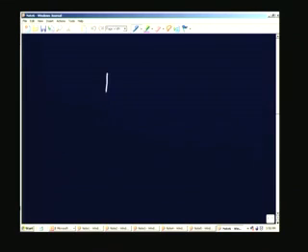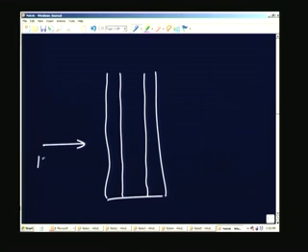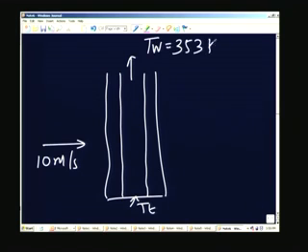So, I will just draw this is the well with its thickness shown here, fluid is flowing 10 meter per second, and this is the thermocouple attached here, T subscript T. On this side it is connected to the wall at T W equal to 353 Kelvin. So, here T F is 373 Kelvin. So, there is a 20 degrees difference.